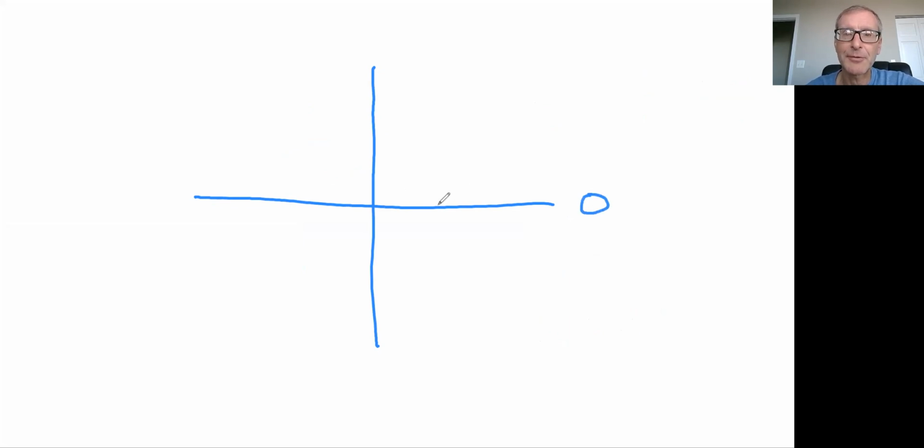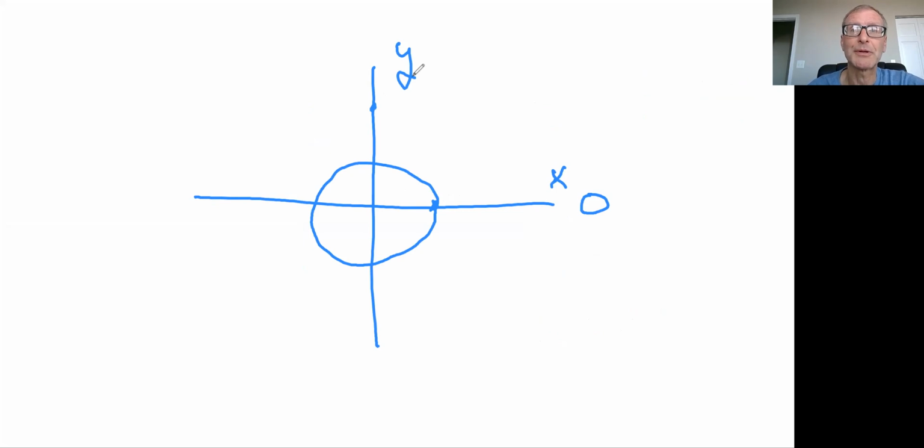If you go from the positive x-axis over to the positive y-axis, you go around a quarter of the revolution, and at this point the angle would be pi over 2.